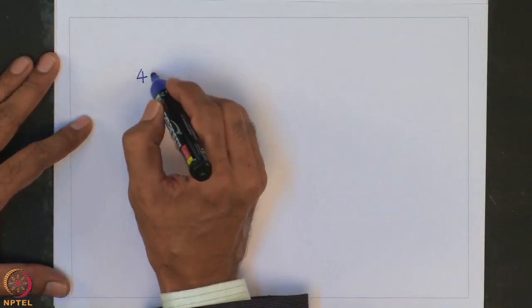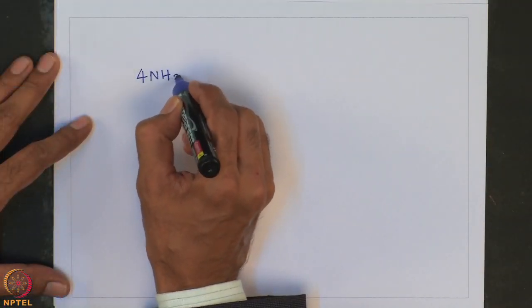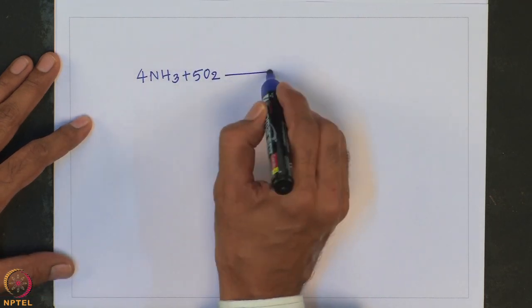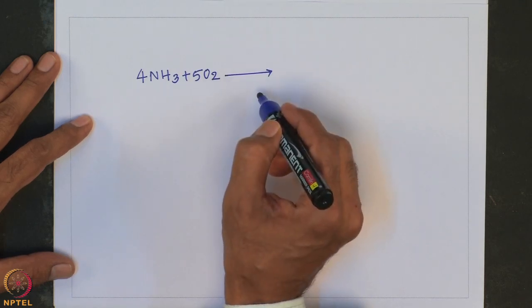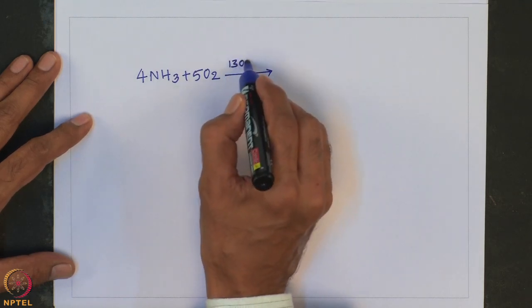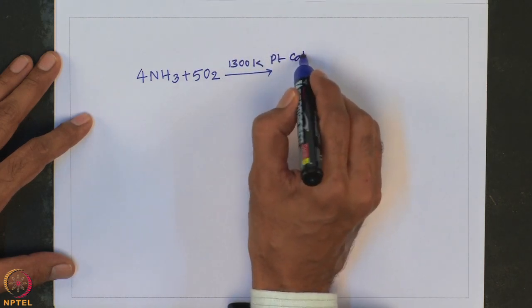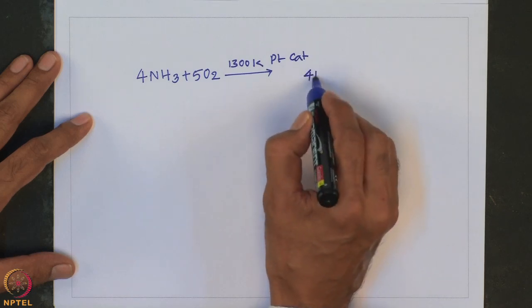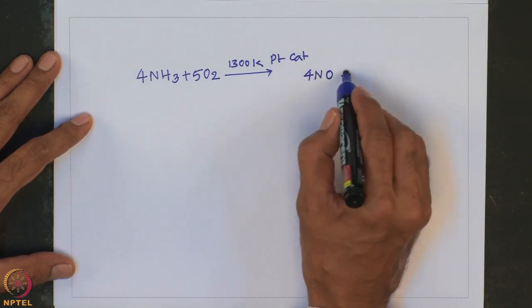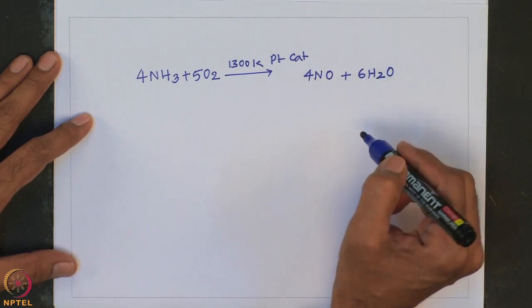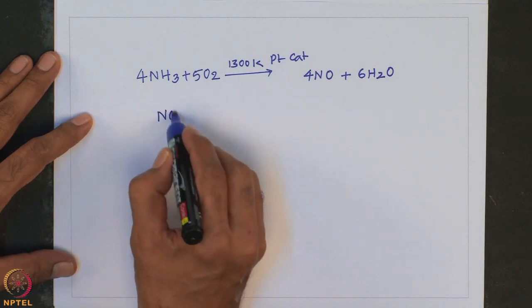Let me write down these reactions for you. When ammonia is treated with oxygen at 1300 Kelvin using a platinum catalyst, NO is formed. NO can also be formed in this fashion.